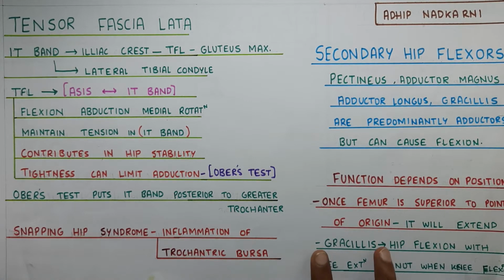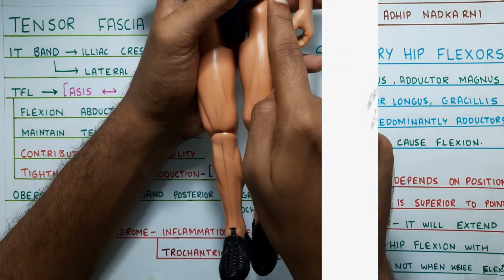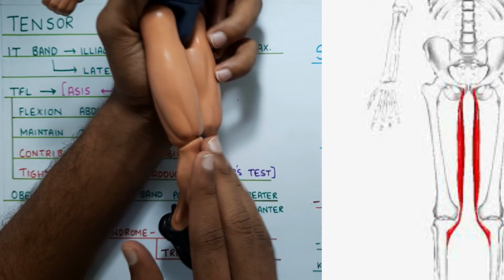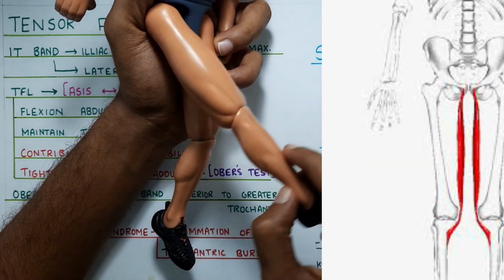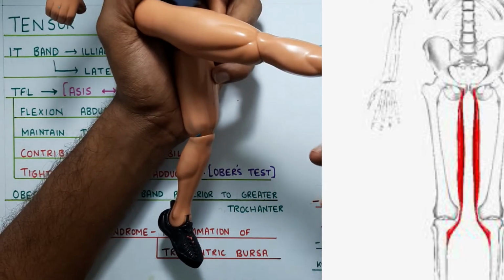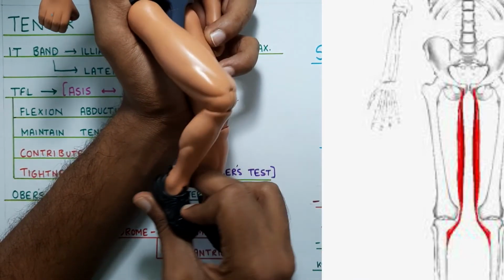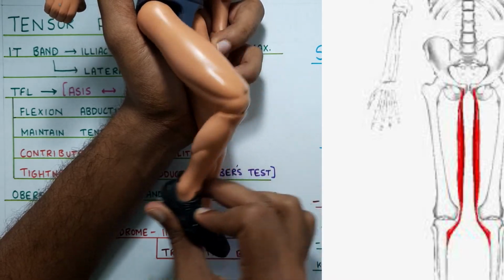The gracilis muscle can cause hip flexion with knee extension but not with knee flexion. So if I take gracilis, which was over here on the adductor side, it will cause hip flexion with your knee in extension position. That's fine. But if your knee is in flexion position, it is not causing hip flexion.